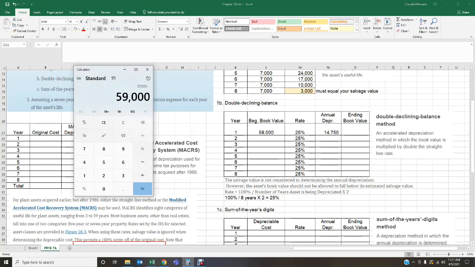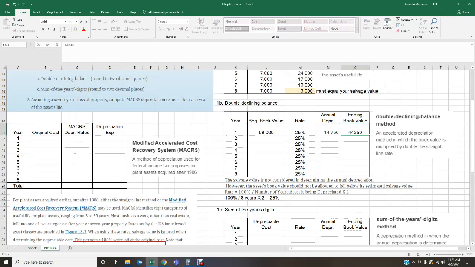I'm going to subtract my annual depreciation, which was 14,750, and that gives me an ending book value of 44,250.